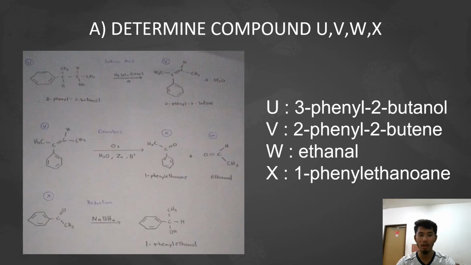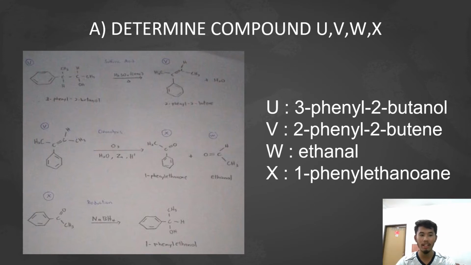To get compound V, we react compound U with heated concentrated sulfuric acid, and it produces 2-phenyl 2-butene, which is compound V. Then we do ozonolysis of compound V to yield compound X, which is 1-phenyl ethanol, and compound W is ethanol.